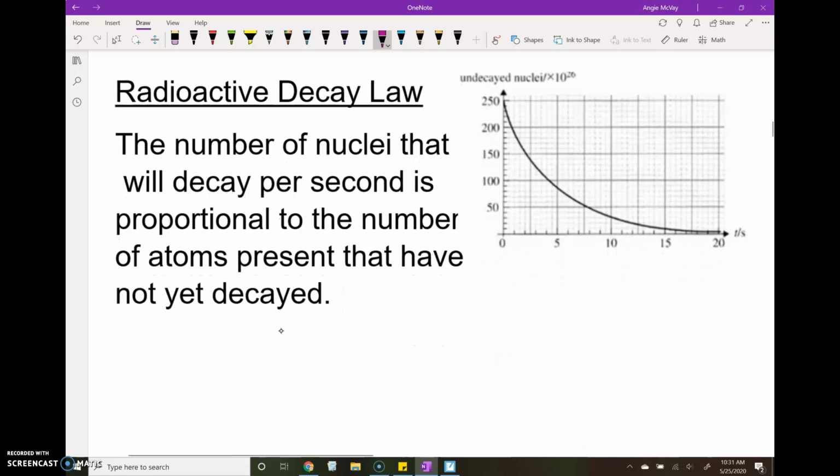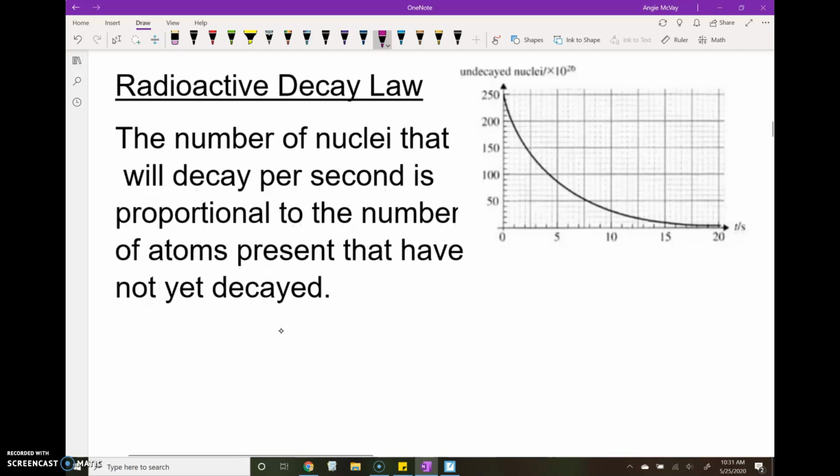All right, let's define ourselves a nuclear decay law. So now we're looking at undecayed or parent nuclei as a function of time. So the number of nuclei that will decay per second is proportional to the number of atoms present that have not yet decayed.